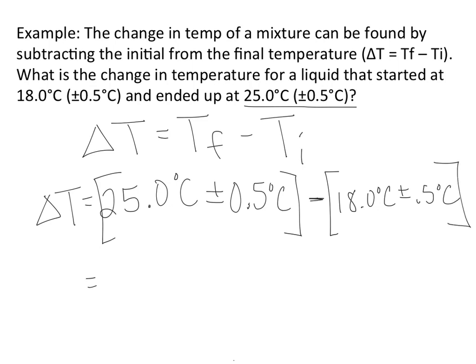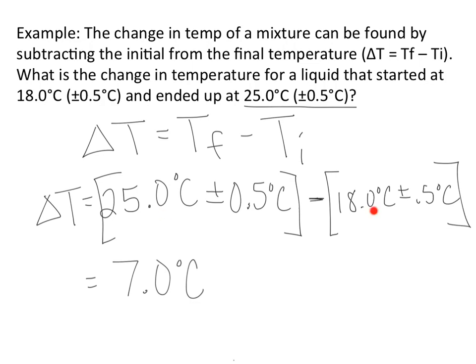Then we're going to subtract these 2 numbers because that's what we're doing, and then we're going to add our uncertainties. So 25 minus 18 is going to give us 7.0 degrees Celsius. Quick note on sig figs: our subtraction rule for sig figs looks at the least number of decimal places.